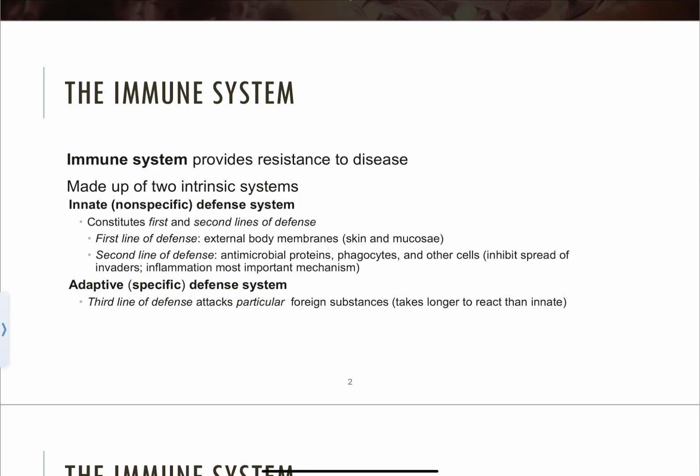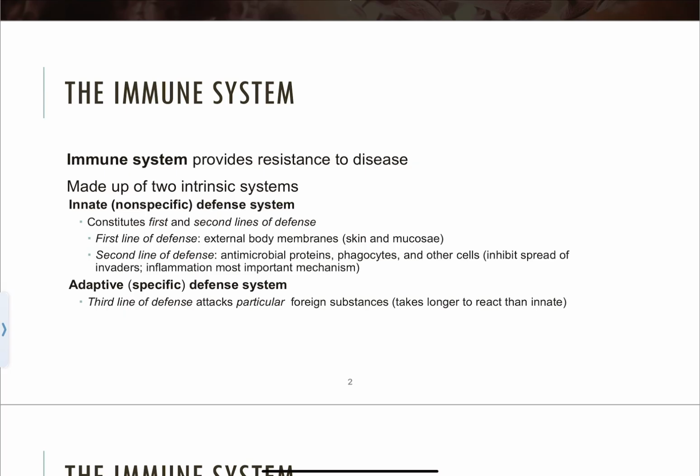The first line of defense includes things like our external membranes, for example our skin or our mucosal membranes. Our second line of defense includes a lot of cells and different proteins, like antimicrobial proteins, phagocytic cells, and some other cells. A hallmark that our second line of defense is in play is the presence of inflammation.